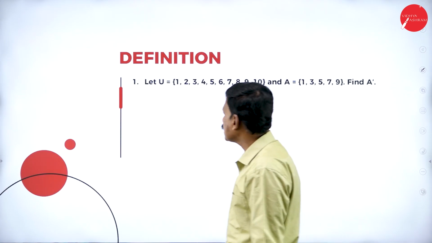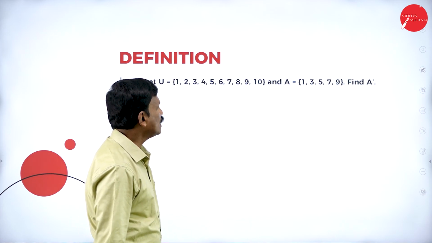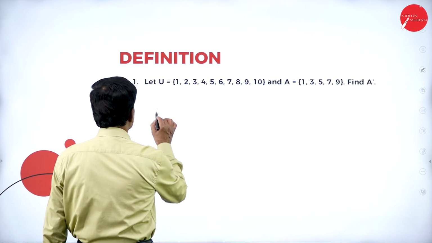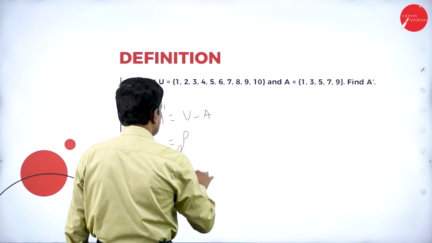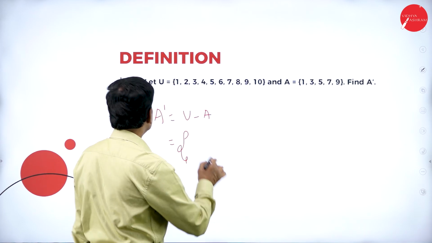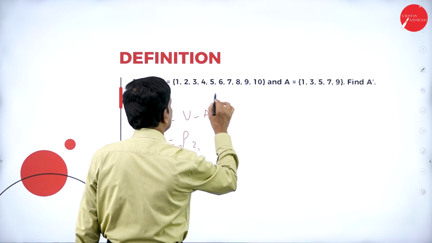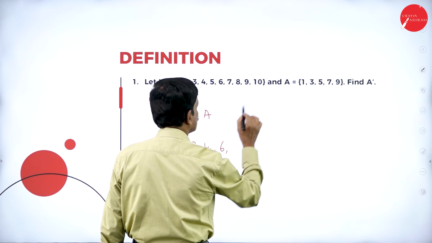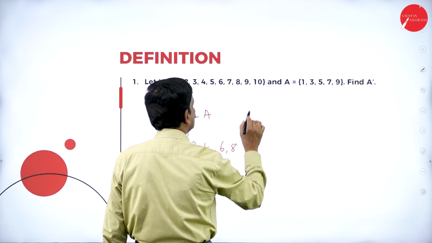Now, let us take an example. Let U is equal to 1, 2, 3, 4, 5, 6, 7, 8, 9, 10 and A is equal to 1, 3, 5, 7, 9. Find A dash. Here A dash is nothing but U minus A, the elements which are in U but not in A. In A we have 1, 2 is not, 3 is included, 4 is not, 5 is there, 6 is not, 7 is there, 8 is not, 9 is there, and 10 is not.